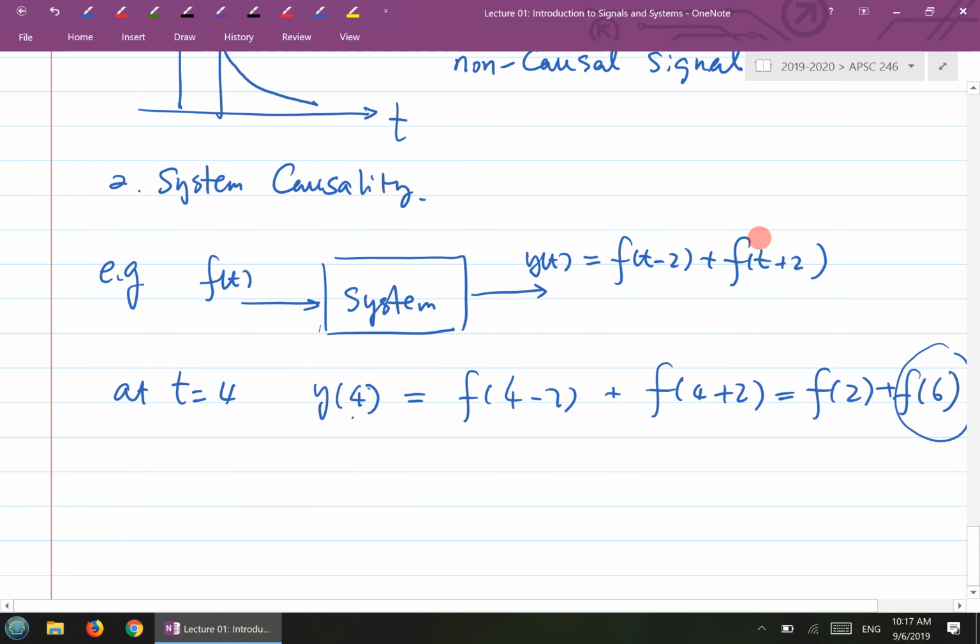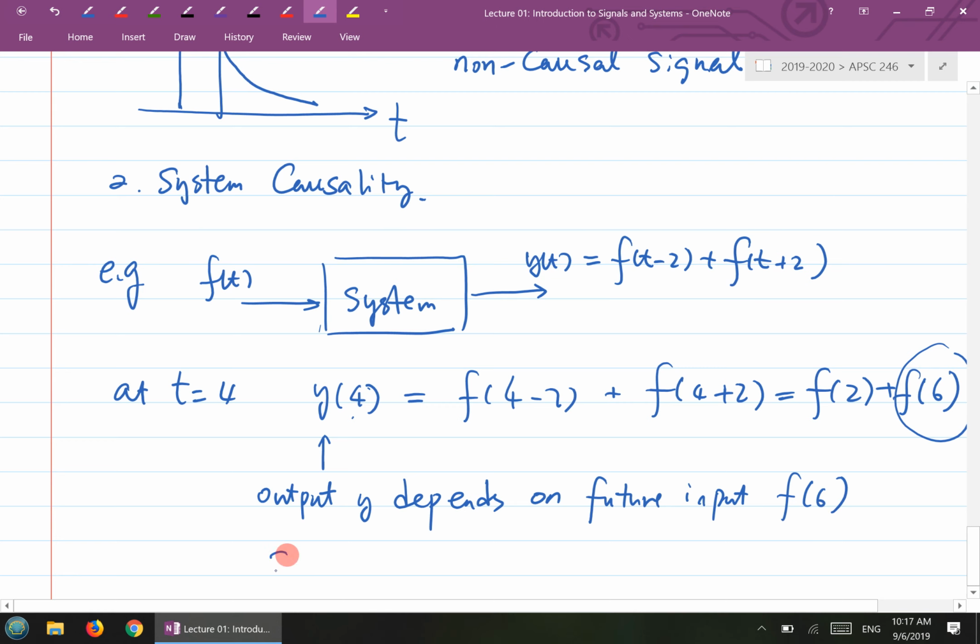Maybe I'll write down some words here. As you can see, the output y depends on the future input f of 6. That's the observation. So here we can see the system is non-causal.